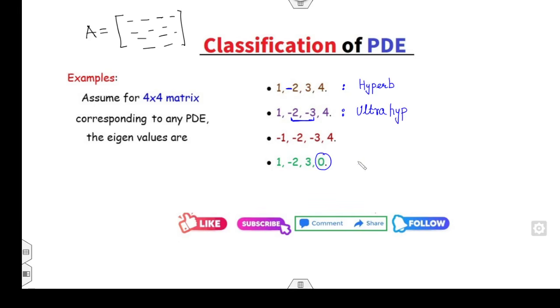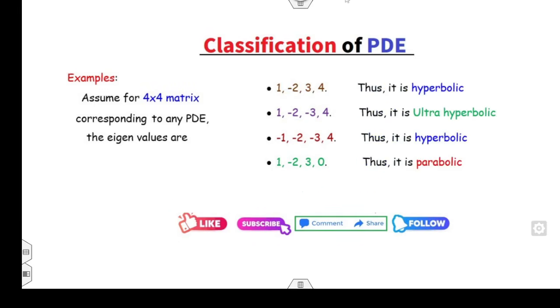One of the eigenvalues is 0, so that is parabolic. An odd number of eigenvalues are negative, so that is hyperbolic. And if I say 1, 2, 3 are all positive, that is elliptic.